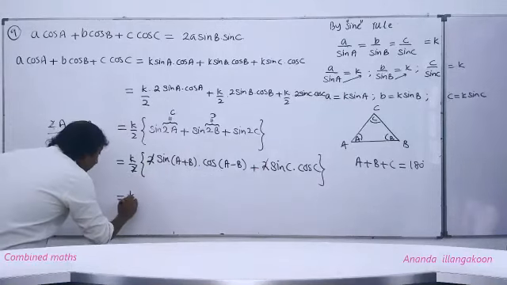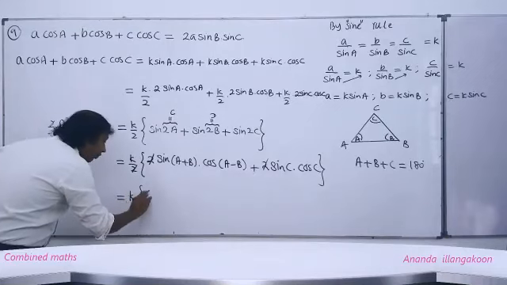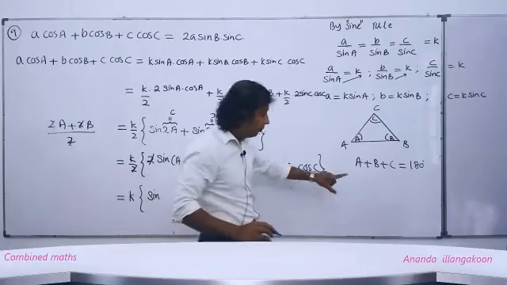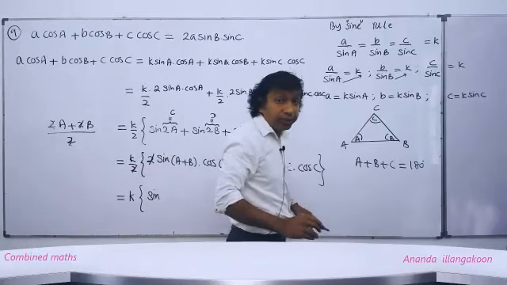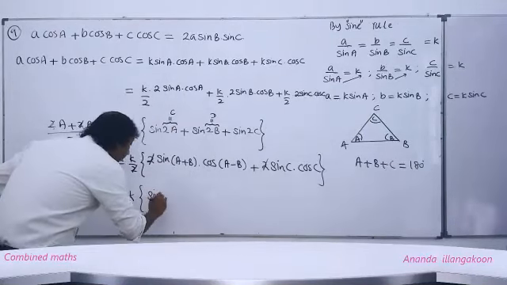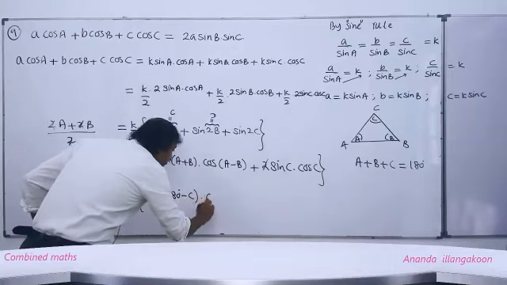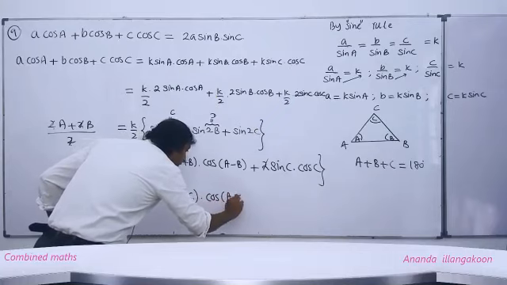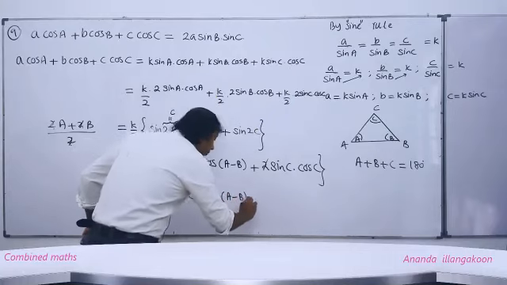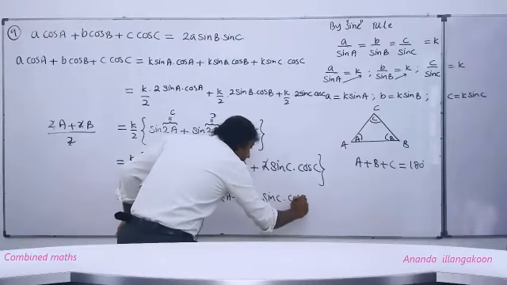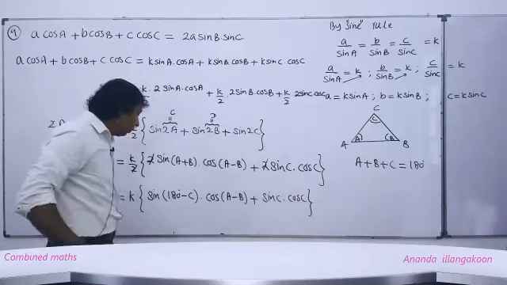It's now K sin (A plus B). What is that? Take C, cancel, sin (180 minus C) into cos (A minus B) plus sin C cos C. This will be it.